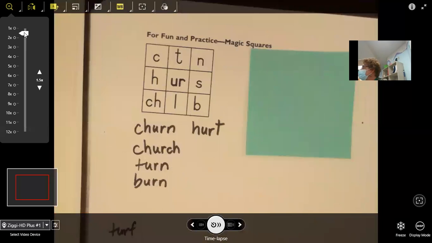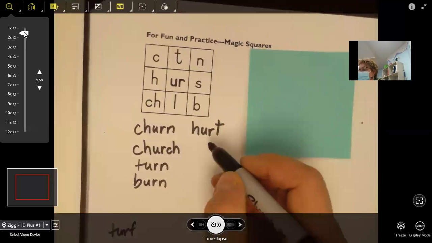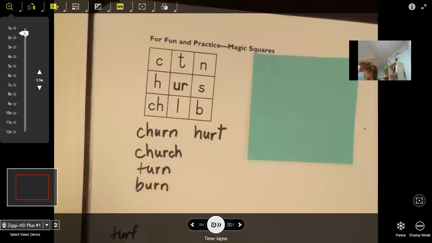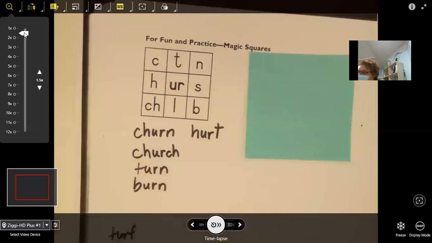What do you think, Mitchell Alex? Hurdle. You need a D in there. That's a good try though. Awesome, good try. Mr. Charlie.